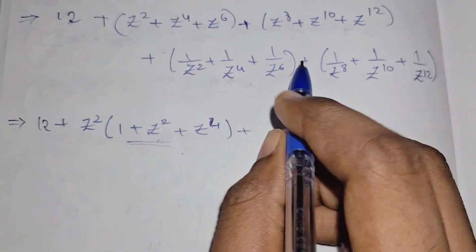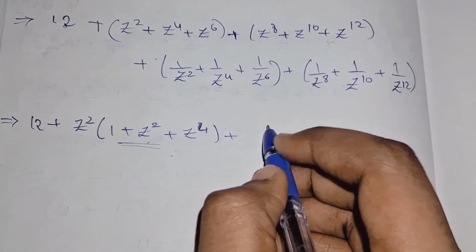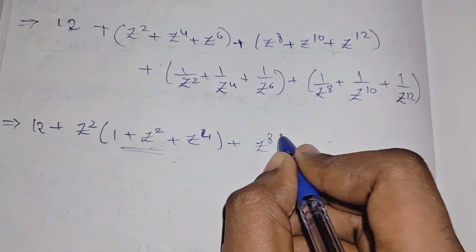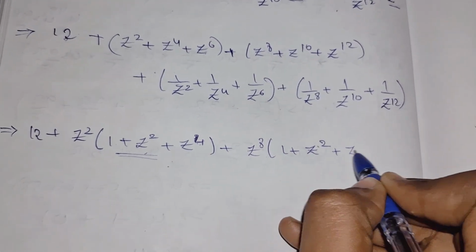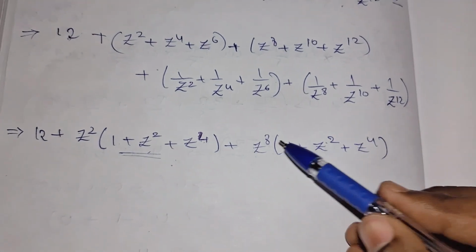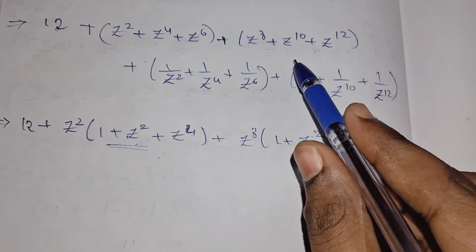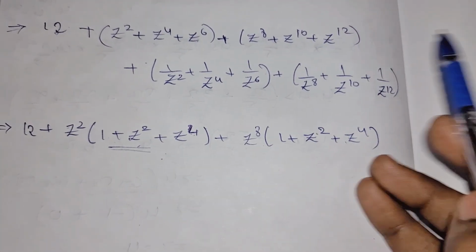So now in a similar way for this condition also I am going to take z to the power 8 common, so left with 1 plus z square plus z to the power 4, right? See, 8 plus 2 is 10, 8 plus 4 is 12, right?